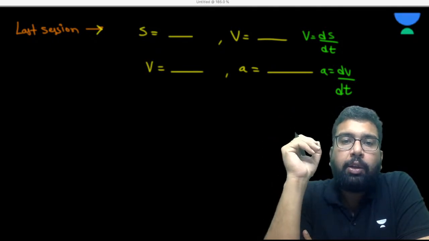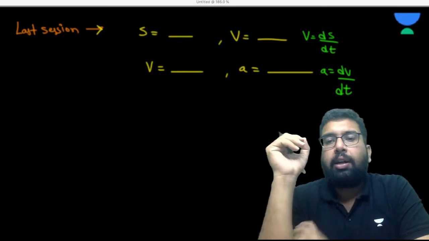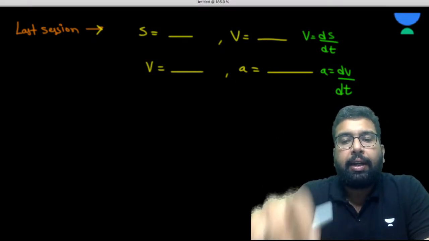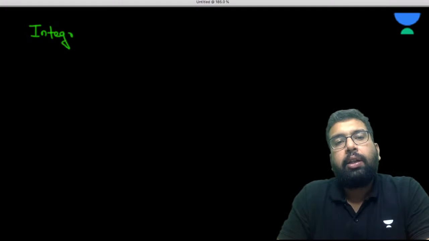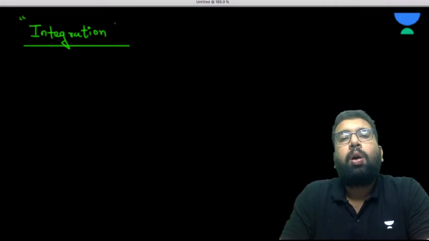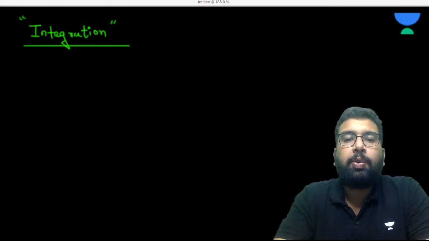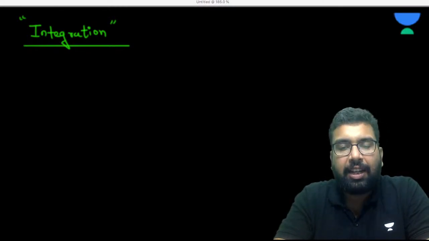For that, you need one more mathematical tool, that is integration. In this session we will be talking about the concept of integration. I'll be taking you on the journey of integration.